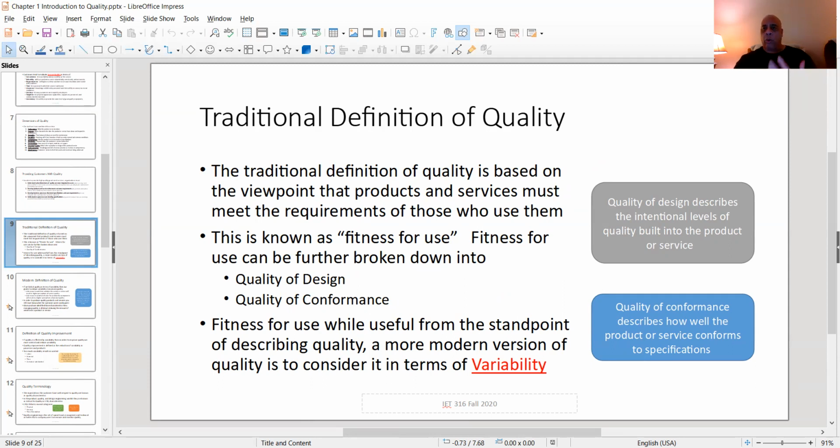Quality of design describes the intentional levels of quality built into the product or service. And quality of conformance describes how well the product or service conforms to specifications.